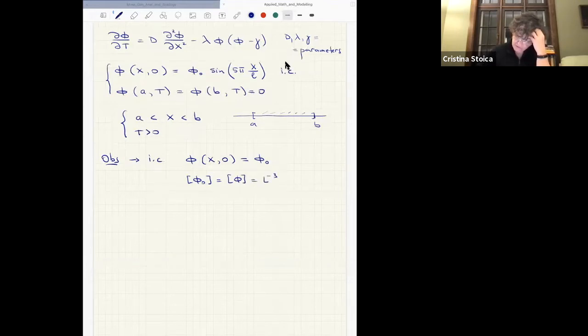But then I wrote sine of 5 pi x over L, and sine of something has no dimensions. So sine of x is an adimensional quantity. But if it's adimensional, in particular, let's say sine of not x, let's put a different letter, like sine of an alpha, where alpha is an angle.